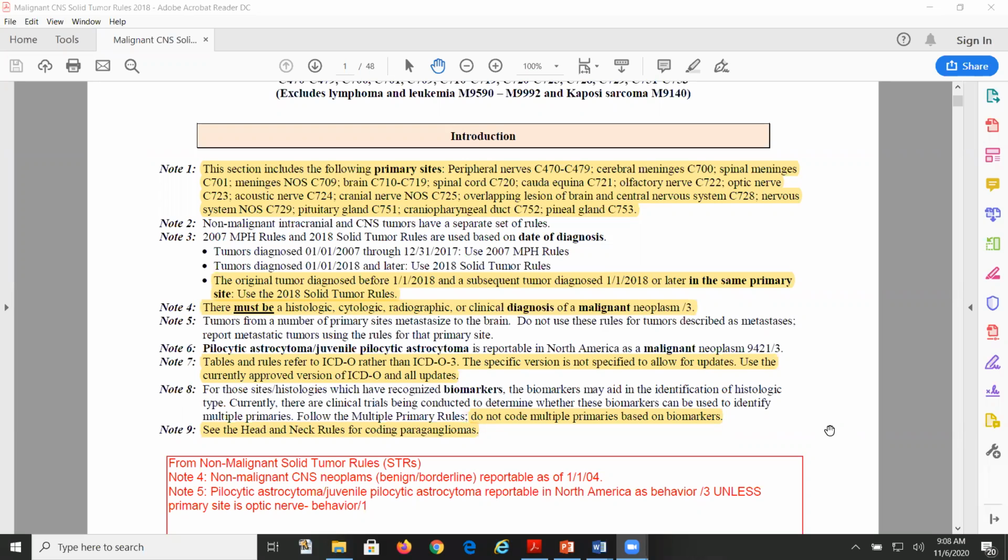We will continue to code those with a behavior of 3 if the primary site is a brain site, C710 through C719. However, if the primary site is a cranial nerve site, and most often you will see these as the optic nerve, then the behavior is coded as 1.